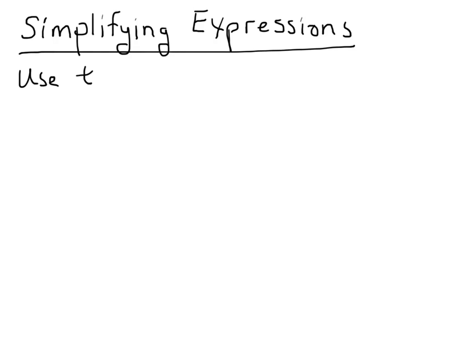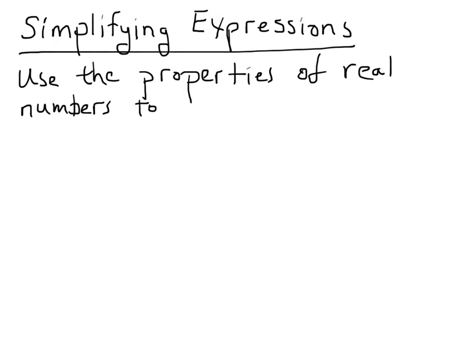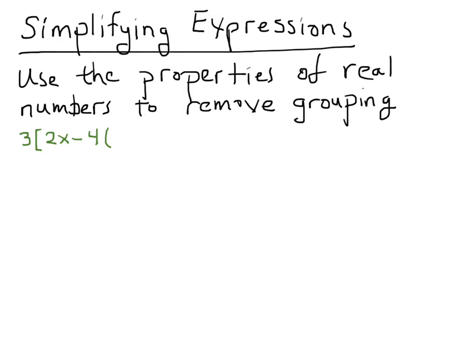Next part is we're going to use all those properties of real numbers that I went through to remove grouping. What I mean by this is we're going to try to eliminate parentheses and brackets.